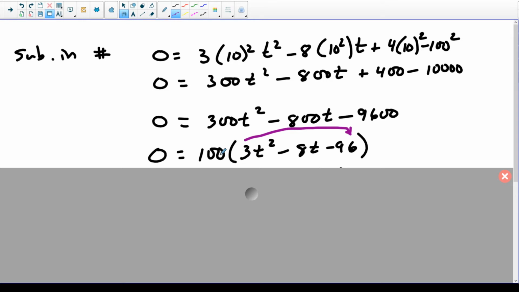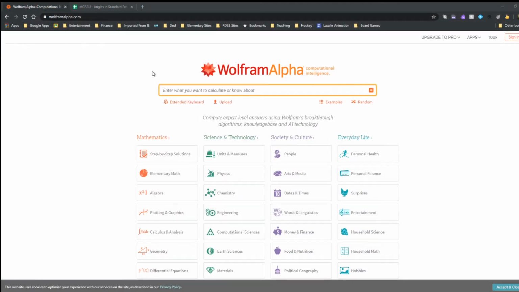Now, I feel like I've introduced a website to you before called Wolfram Alpha. And I know that there are apps out there that you can take pictures of things and they'll expand and solve and all that stuff for you. And I want to point out that this is technically not cheating, all right?